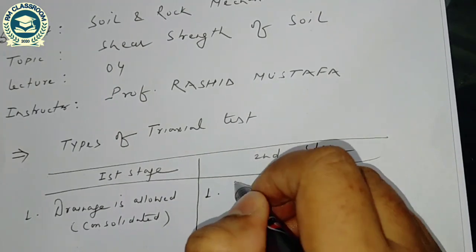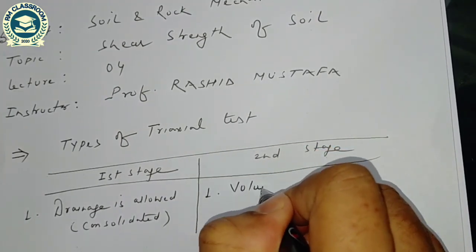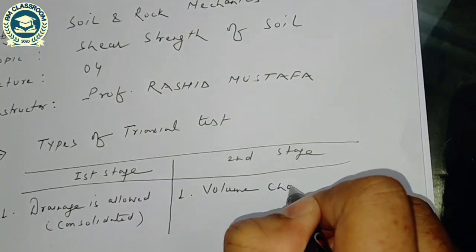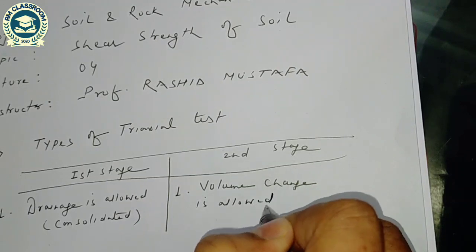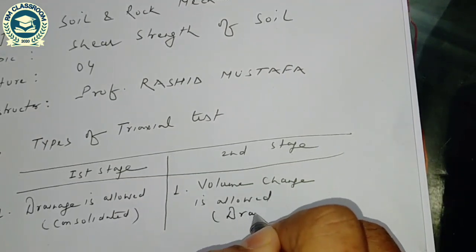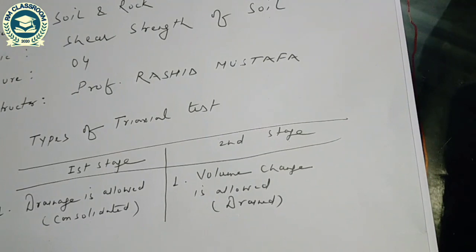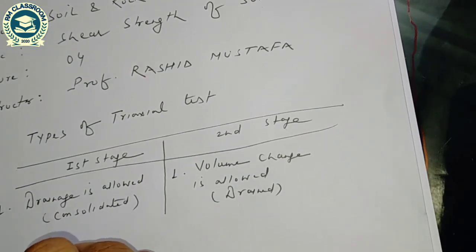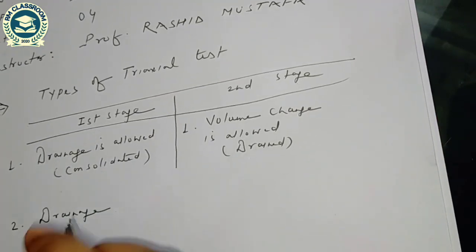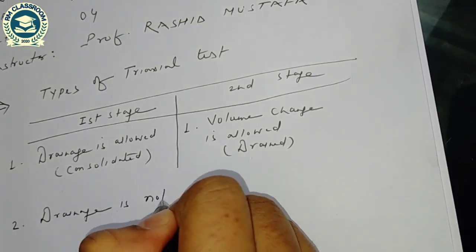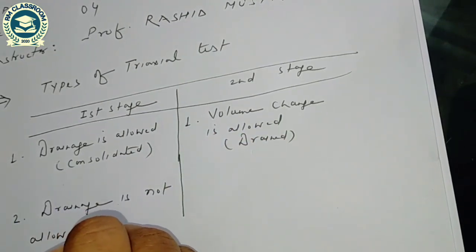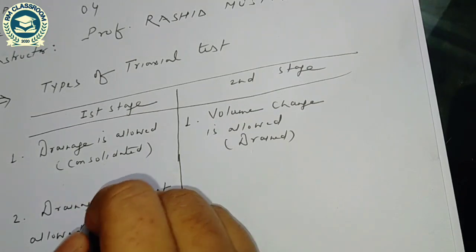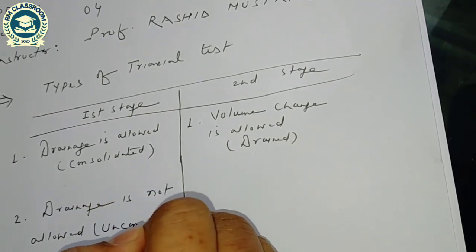And in the second stage, if volume change is allowed, it means drained. In the first stage, if drainage is not allowed, it is called unconsolidated.